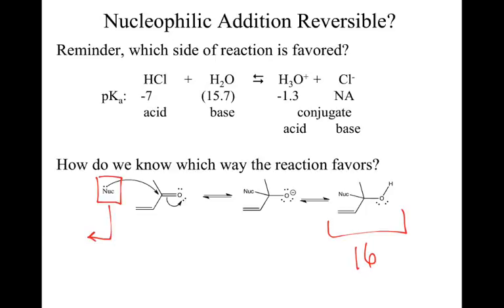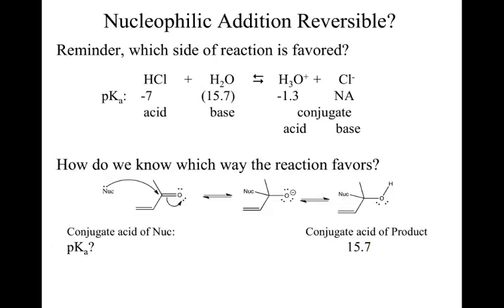So we should take that to its conjugate acid and evaluate its pKa. In this circumstance, do we know what that pKa is? No, because we don't know what the nucleophile is. So to understand direct versus conjugate, we have to introduce what is happening with our nucleophile. Are we looking at a strong nucleophile or a weak nucleophile? And our pKa can give us some information about that.